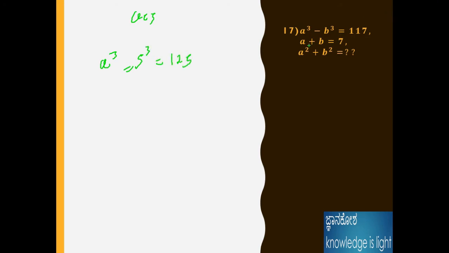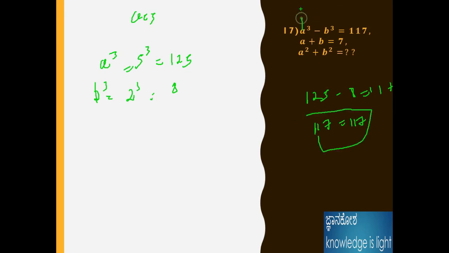Then 125 minus 8 is 117, so we need to take the b term as 2 cube, that means 8. Therefore 125 minus 8, LHS and RHS become equal, 117 is equal to 117. Then the proof is correct. The value of a is 5 and b is 2.